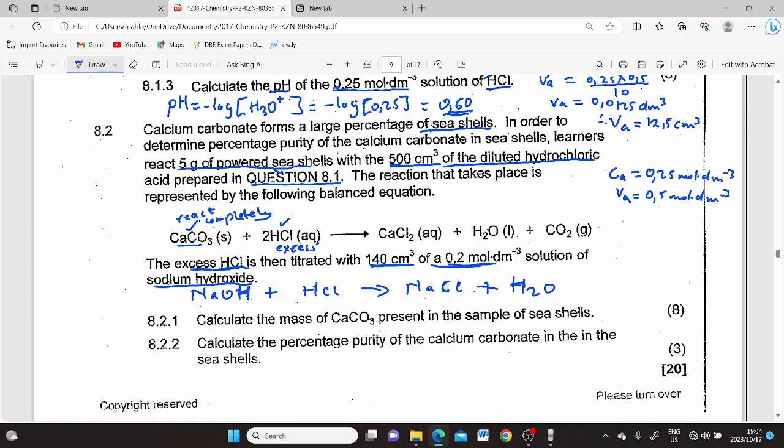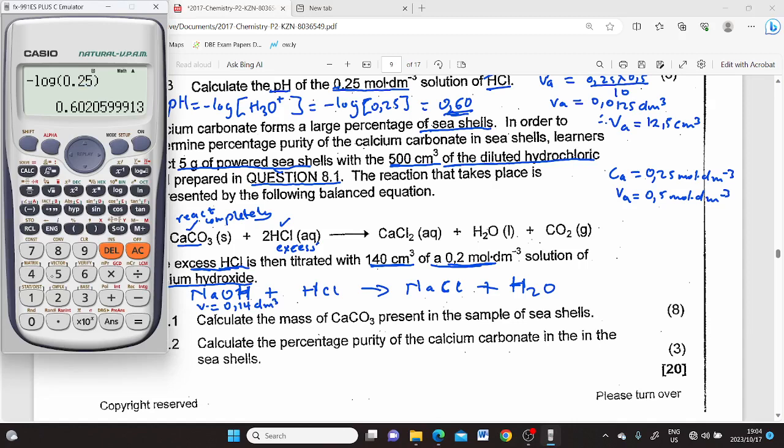Right, now the information is here for sodium hydroxide. So we have a volume here of how much? Of 0.14 decimeter cube. Let's check. We say 140 divided by 1000, so of course it's 0.14.